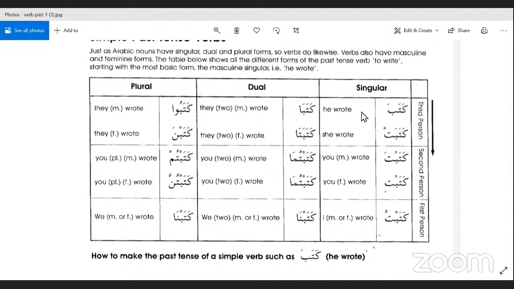Sometimes you can have a name of an individual which is doing the action, or sometimes the verb itself has the actual suffix which represents the doer of the action. For example, I can say kataba means he wrote, and I can also say kataba Zaidun, Zaid wrote. Is that clear? Yes.